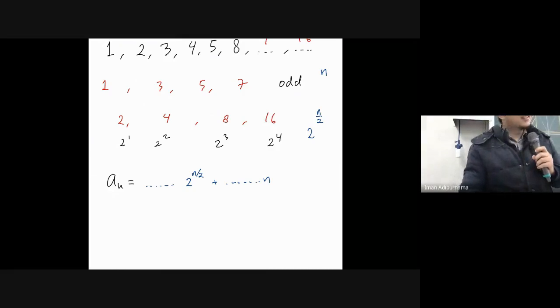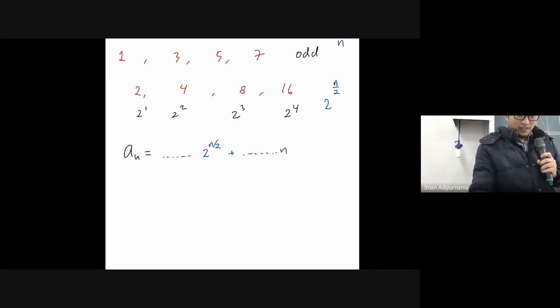Because I think it's too complicated for you, let me give you the idea, okay? So if I have 1 plus negative 1, and if n is 1, it will be 1 minus 1, which is 0, right?